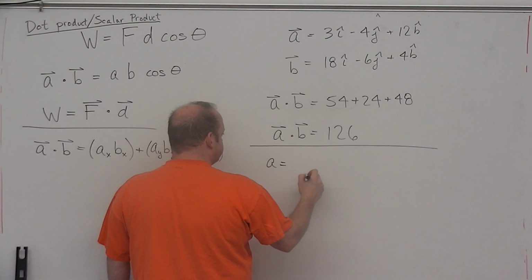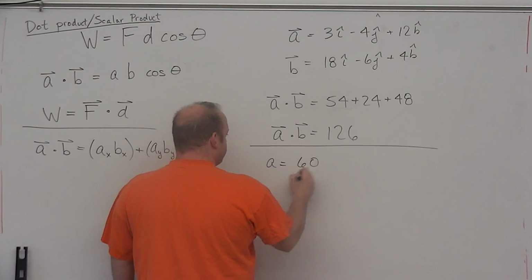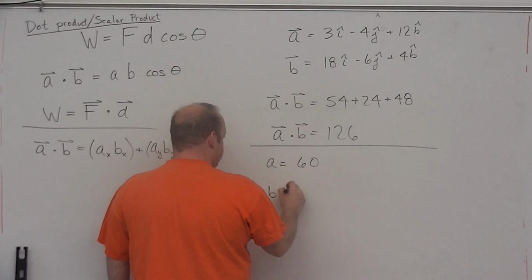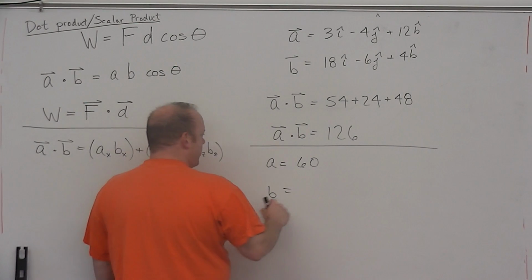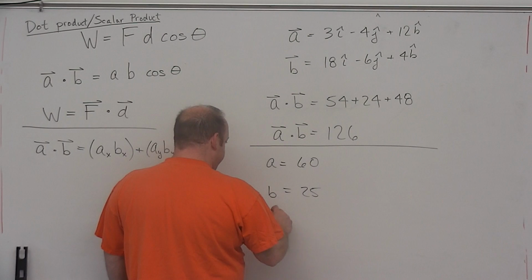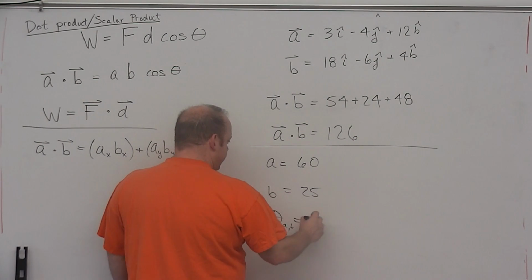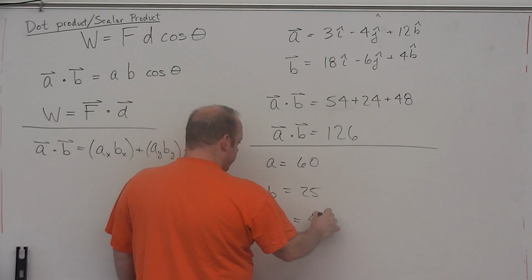But let's just say that vector A has magnitude 60, magnitude of B, notice there's no vector line over top of it, is 25. And let's say the angle between A and B is equal to 40 degrees.